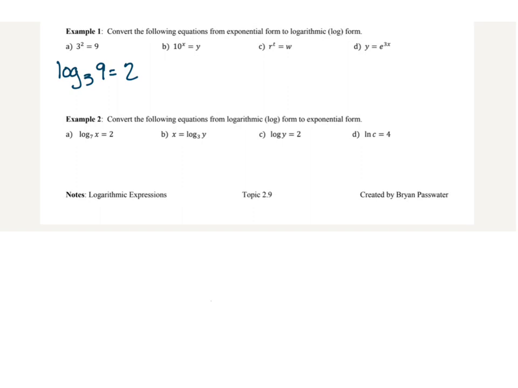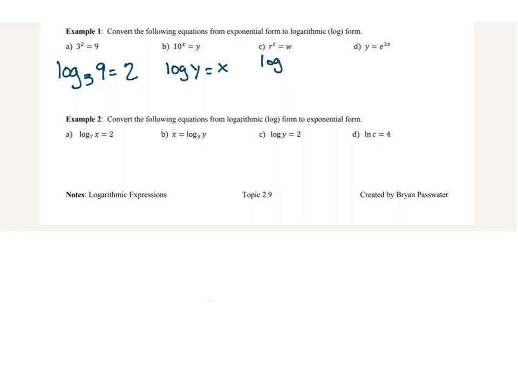So real quickly, number B, log base 10 of y. So what if I just write log y equals x? Y'all okay here? How about this one?